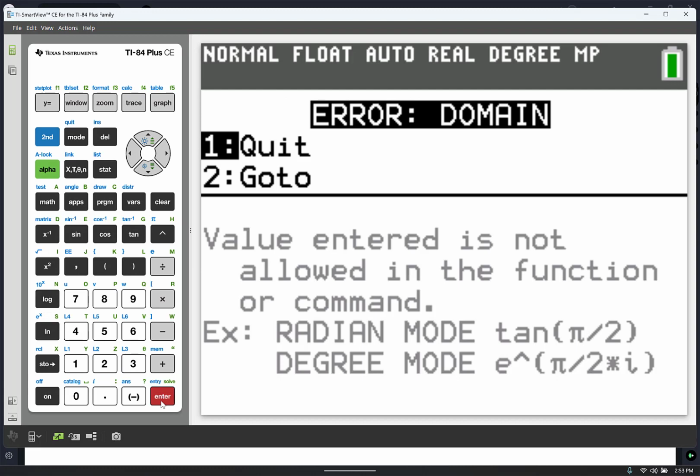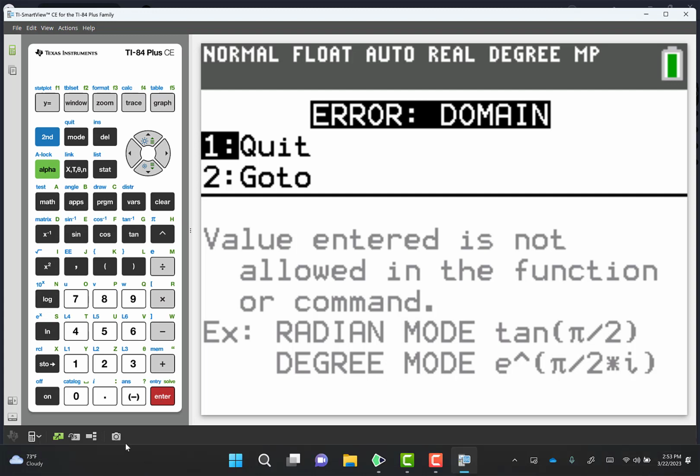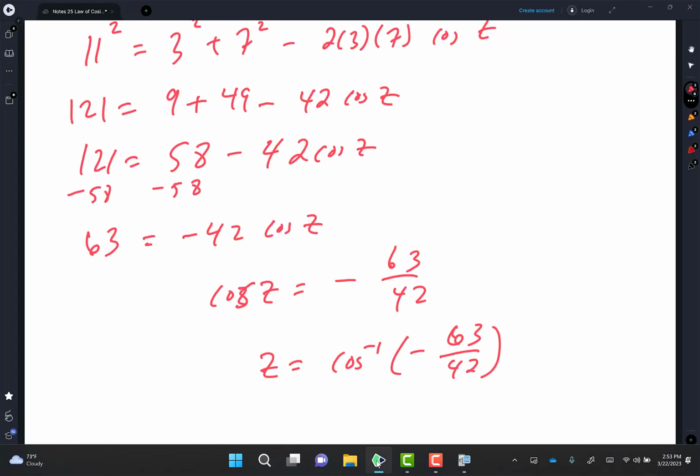Because it's not possible, because you don't have a triangle. The calculator is smart. How does it know that? Because this ratio on the inside better be a number between negative 1 and 1. If it's outside that range, it's going to give you an error.